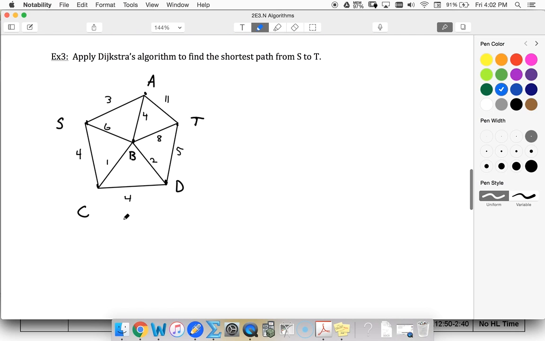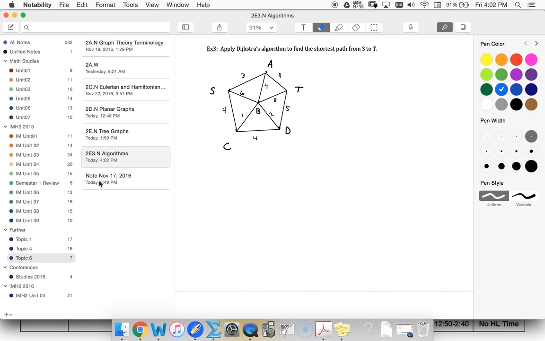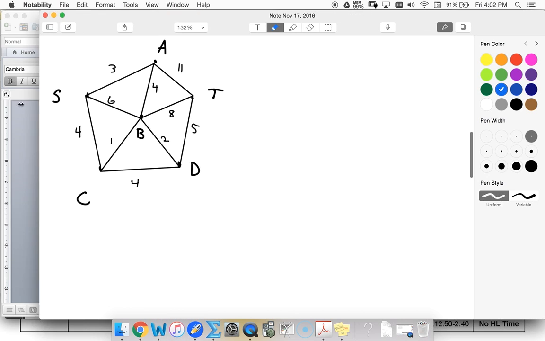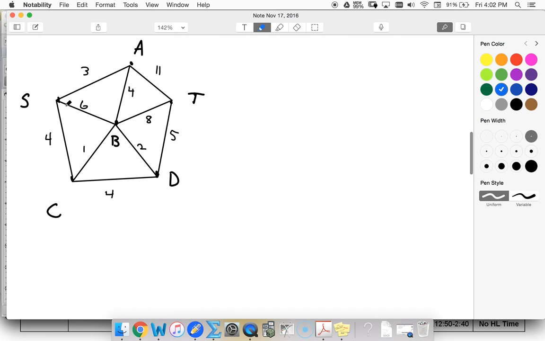We want to apply Dijkstra's algorithm to this drawing, going from S to T. First of all, I'm going to start by only looking at S. Looking only at S, I can start with S, and this is going to be my starting vertex.